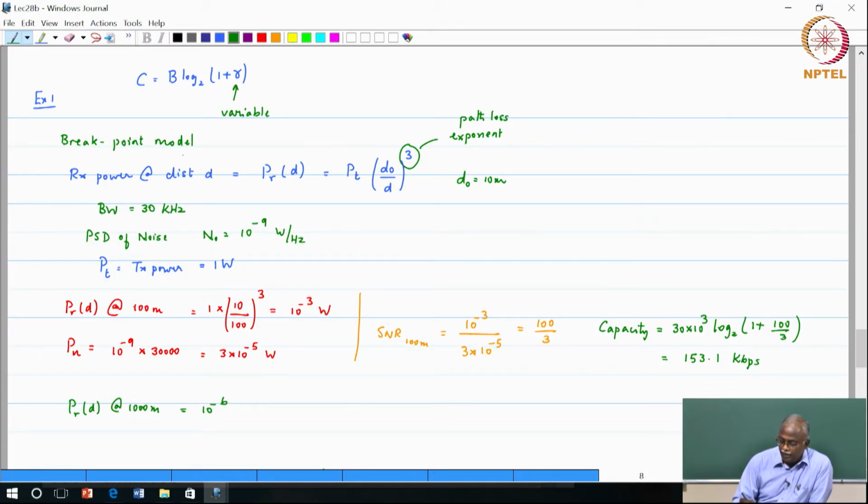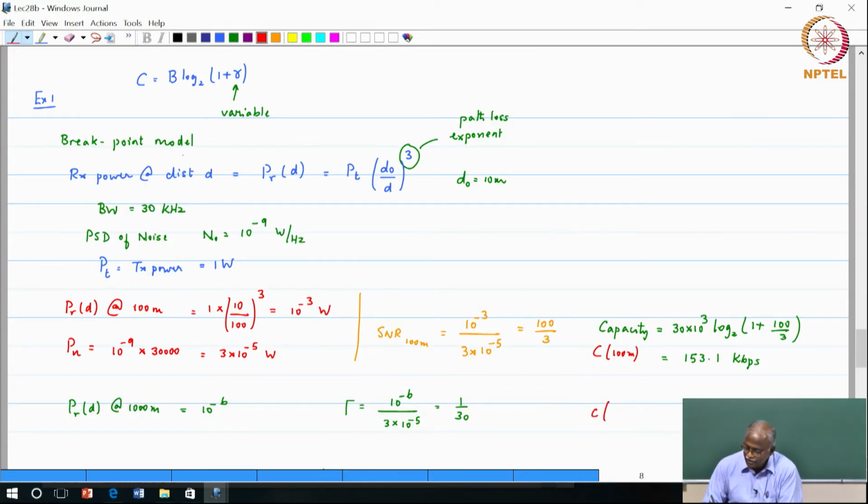Okay, 1 by 100 raised to the power 3, and you will find that the SNR at a distance of 1 kilometer will be 10 power minus 6 divided by 3 into 10 power minus 5. So, this comes out to be 1 over 30, much lower than before, and what is most important, this was capacity at 100 meters. The capacity at 1 kilometer or 1000 meters comes out to be 1.42 kbps.